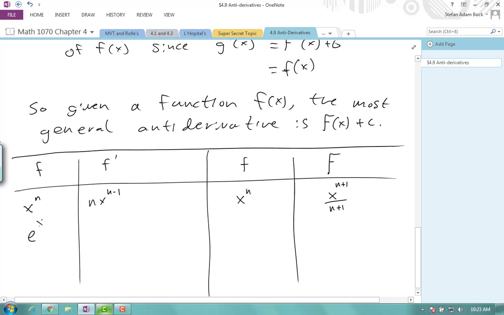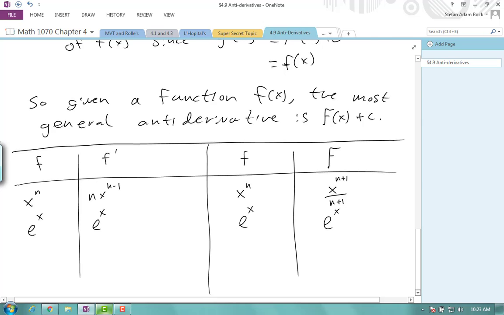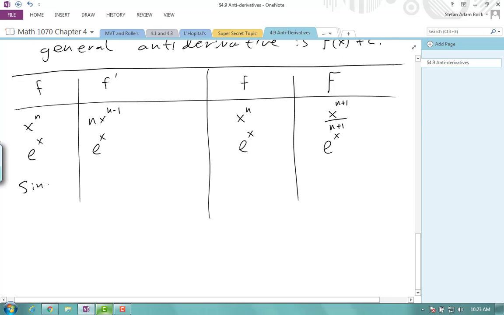If I had e to the x, this one's fun, then the derivative is e to the x. So if I have e to the x, then the antiderivative is e to the x. If I have sine of x, that derivative was cosine of x. So if I start with cosine of x, my antiderivative is sine of x. Always be careful of which direction you're trying to go for these calculus problems.